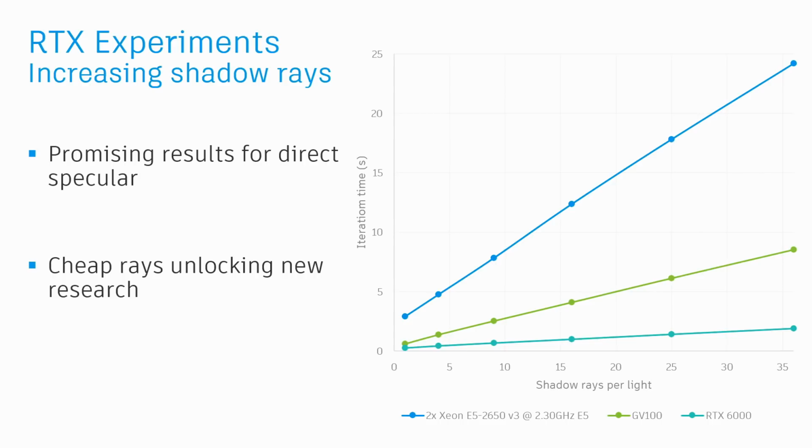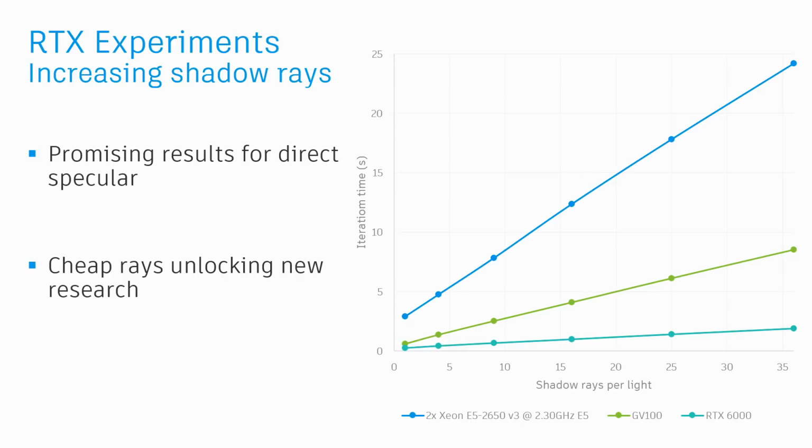And you see how the CPU is scaling okay. You see how a GV100, which is already a pretty good GPU, is scaling. And you see how an RTX 6000 is scaling. You can see that the increase in render time when going from 200 million to 5 billion shadow rays on a production scene is tiny on an RTX 6000.